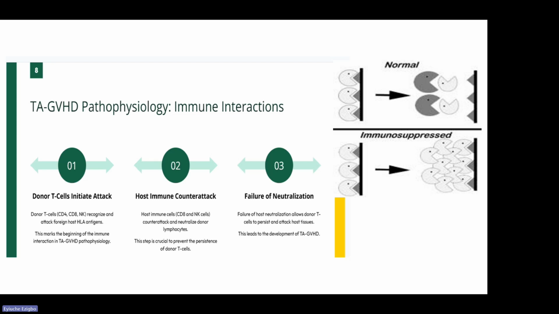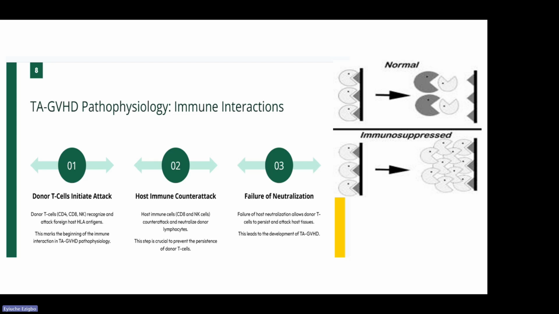The donor cell initiates the attack. Donor T cells, like CD4, CD8 and NK cells, recognize and attack foreign host HLA antigens. This marks the beginning of the immune interaction in the pathophysiology of transfusion-associated graft versus host disease.